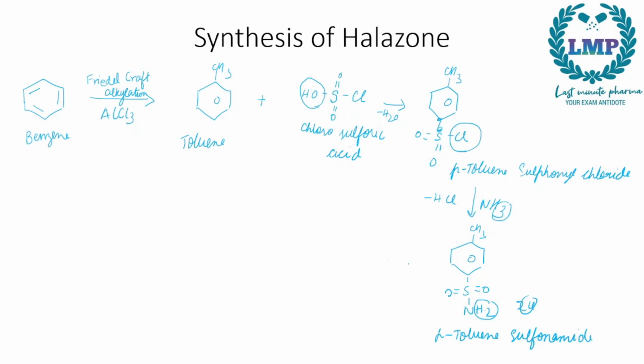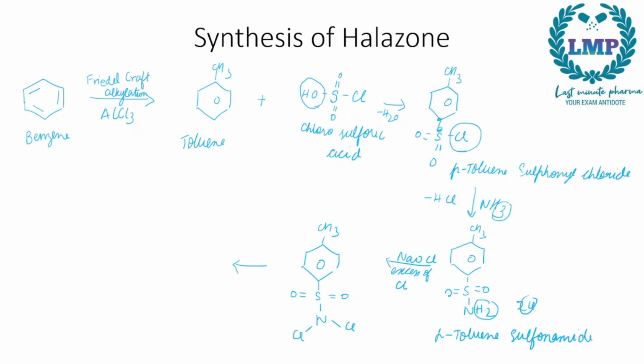To this we will add NaOCl, that is sodium hypochlorite, in the presence of excess chlorine. So because of this we will get CH3, S double bond O attached with N and then Cl.